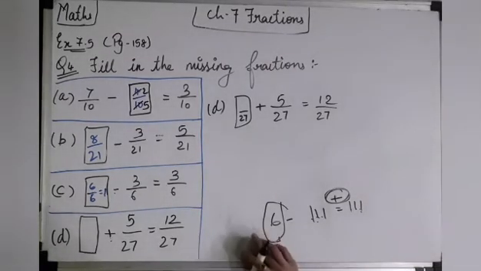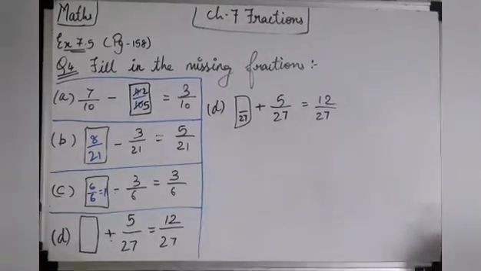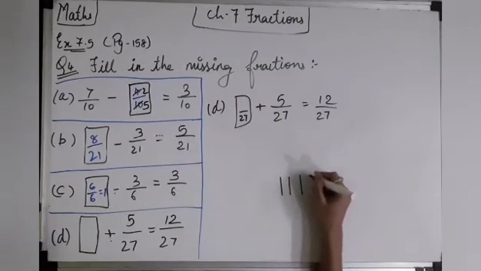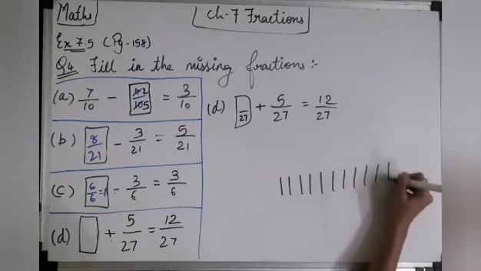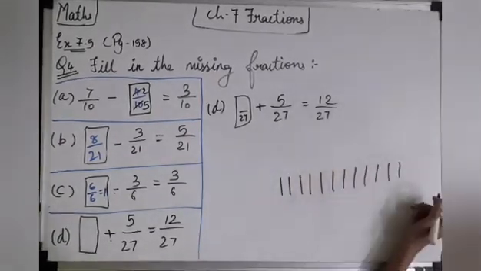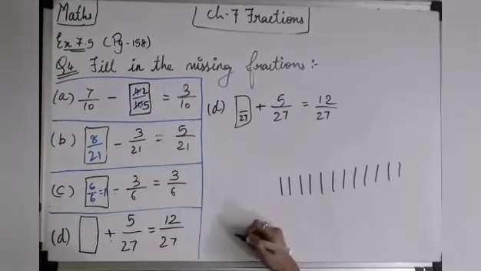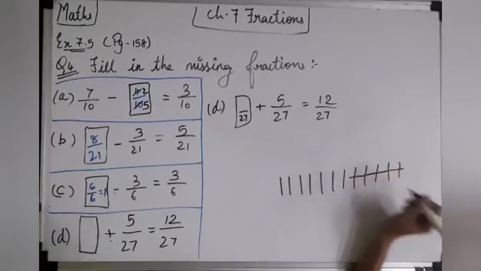Similarly, here also we will do the opposite. Addition is given, we will do the subtraction. So we will get the answer. 1, 2, 3, 4, 5, 6, 7, 8, 9, 10, 11, 12. Okay. In conclusion, we got 12 sticks and we will subtract how many? We will subtract 5. So 1, 2, 3, 4 and 5.